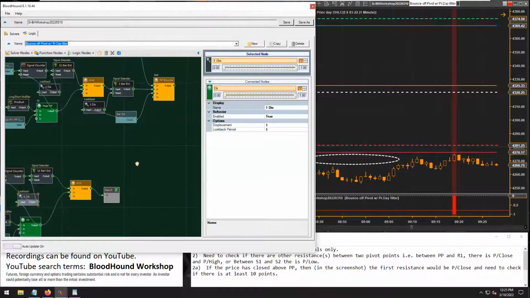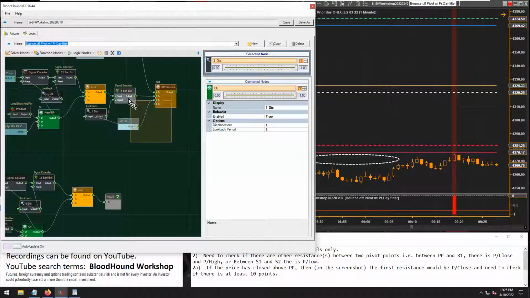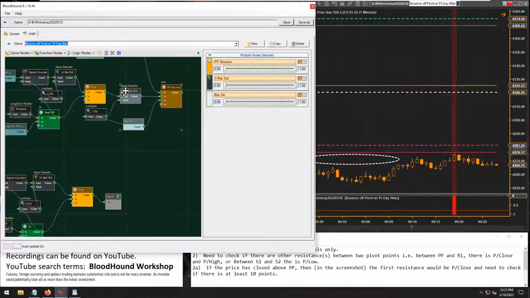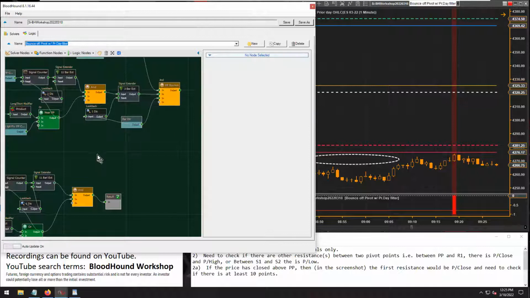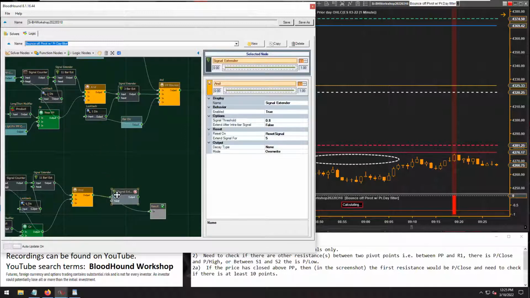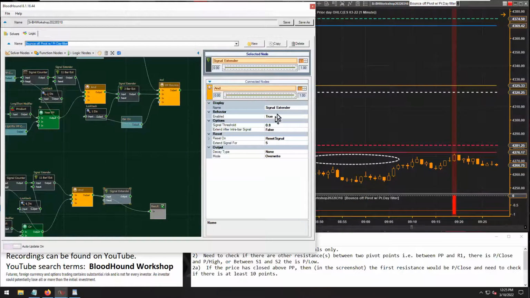So we now need to recreate this logic afterwards. So let's grab another signal extender, connect that in, and this was a 3 bar extension.